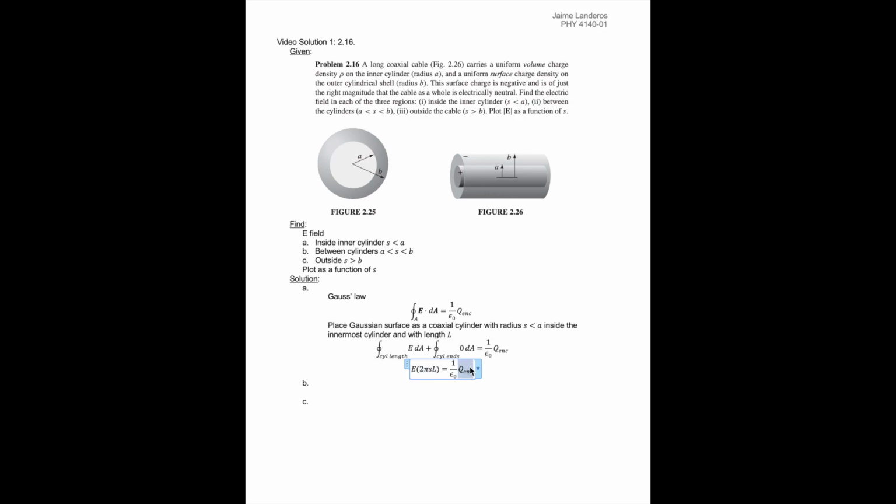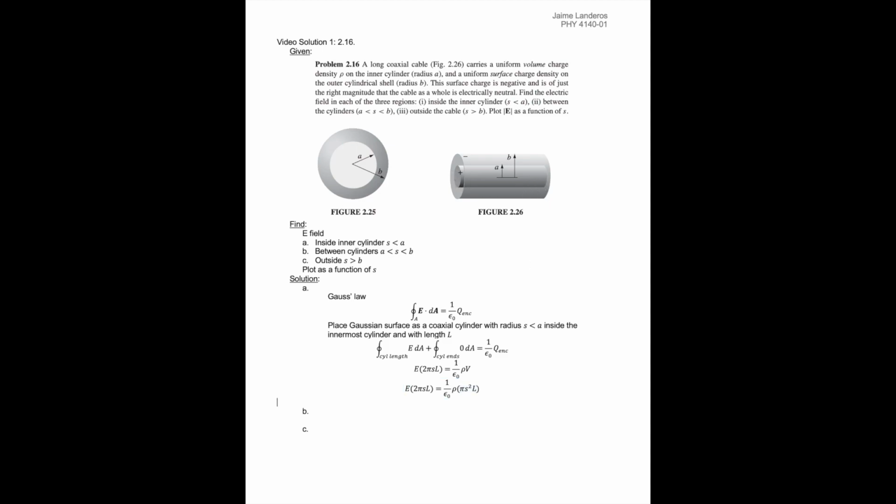And for the enclosed charge, we have a constant charge density times the volume of the enclosed charge. We have to be careful not to integrate over this entire rod. We're only integrating within our Gaussian surface. So this volume is pi s squared L, where s is the radius of our circular base, base times height, right?